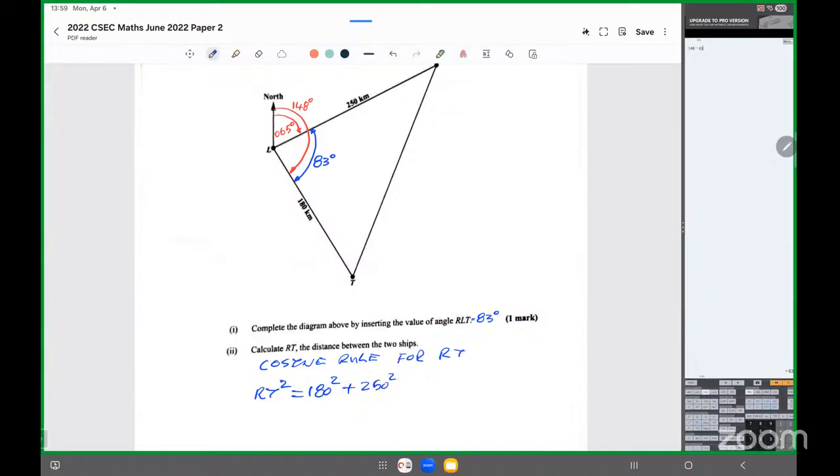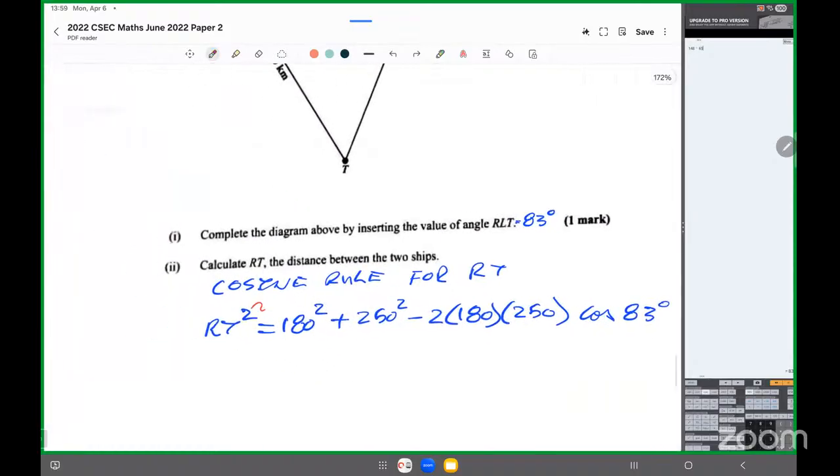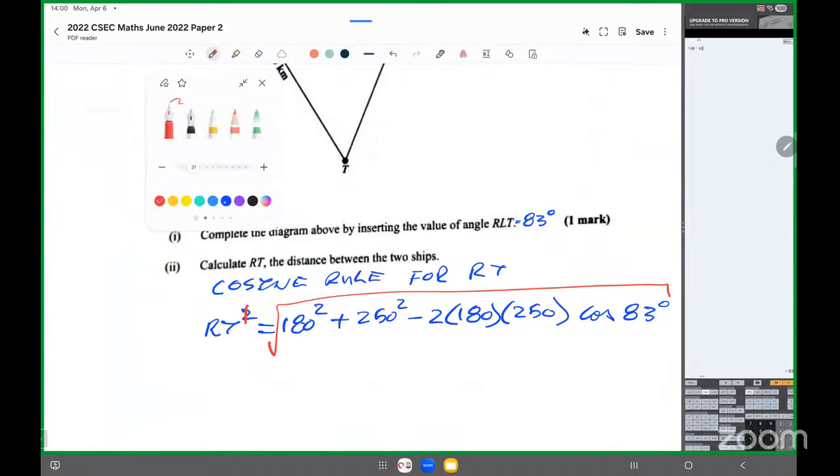But it's not quite Pythagoras, so you subtract twice the product of the two sides, 180 times 250, times the cosine of the angle between them, which is 83 degrees. Instead of squaring it here, as always, we can cross the square and square root this side instead.